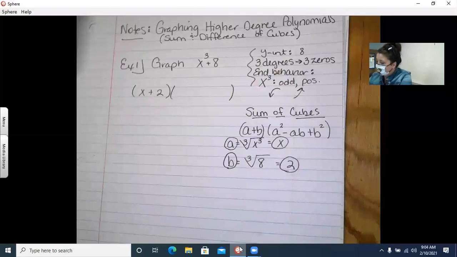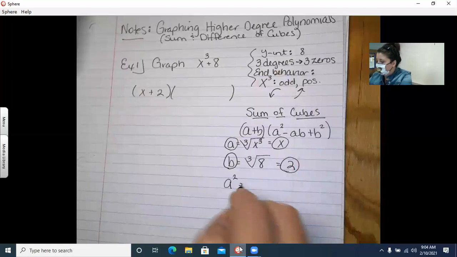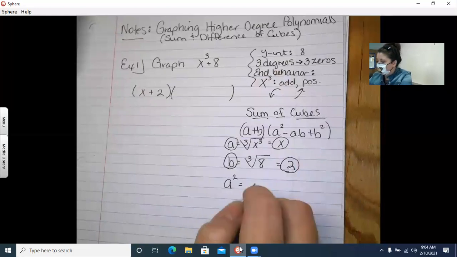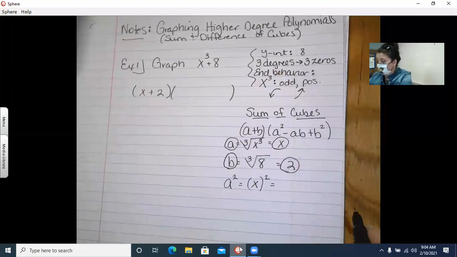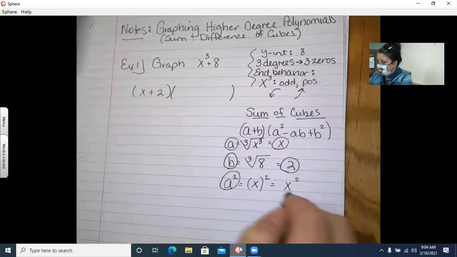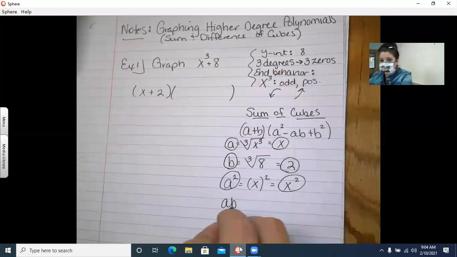So let's figure out what a squared is. Well, if a is x, what is x raised to the second power? X squared, right? Let's figure out what ab is. That means a times b.